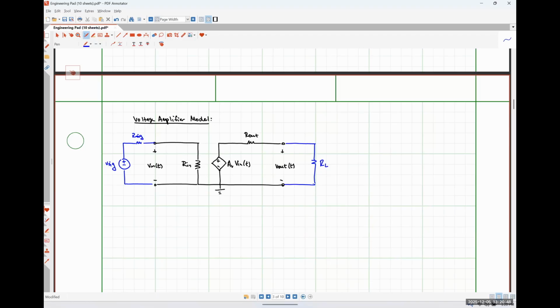And we're going to see what the impacts of using low input resistance and high input resistance and low output resistance and high output resistance does to signal integrity and the amount of power that's delivered in our system. Okay, let me erase all of this stuff in blue now.